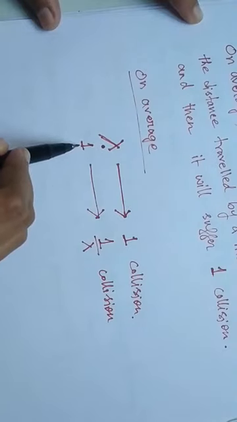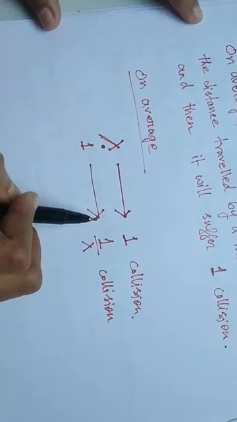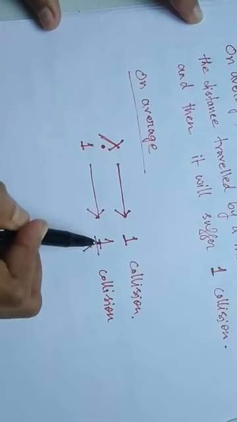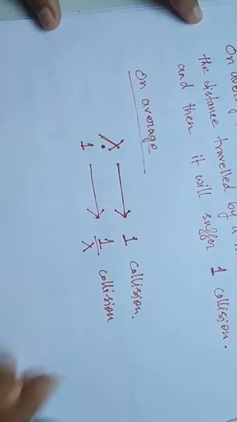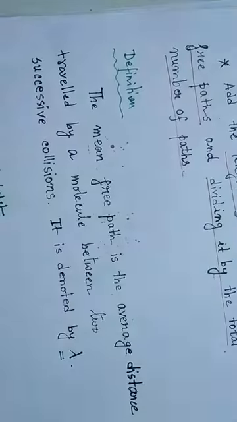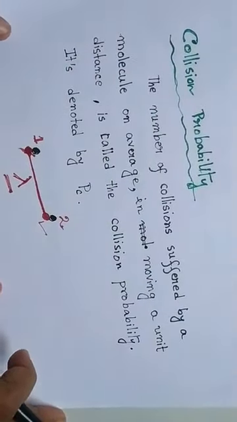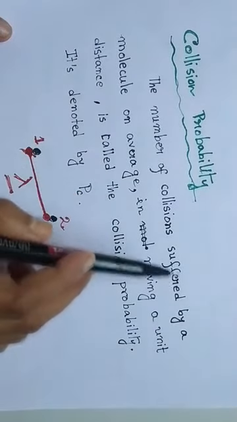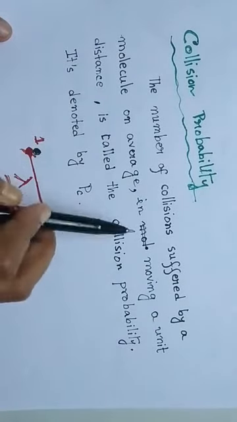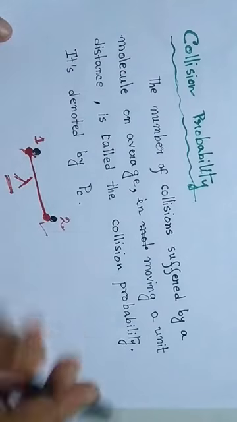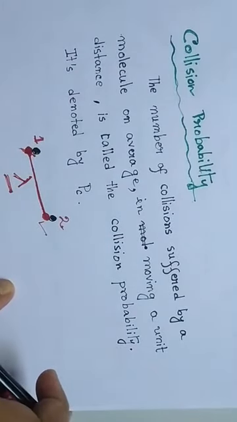So in travelling a unit distance, it will suffer 1 by lambda collisions on average. And we know this is the definition of collision probability: the number of collisions suffered by a molecule on average in travelling a unit distance.